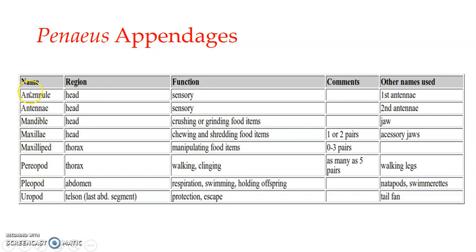The cephalic appendages you can see here are antennule, antennae, mandible, maxillae, etc. All these are meant either for sensory function, or for food capturing, or food shredding, or grinding, etc. So that is what these structures are meant for.